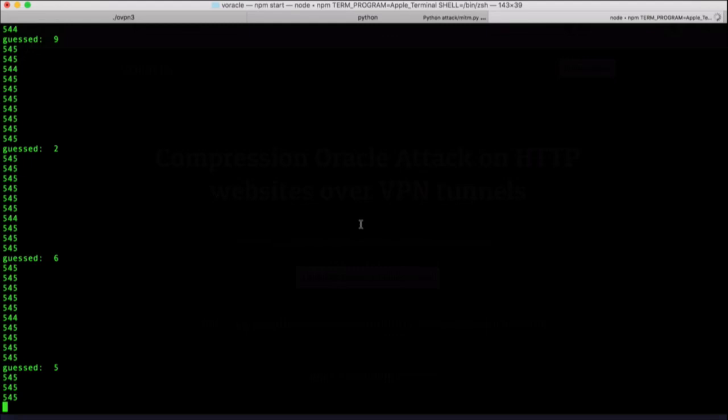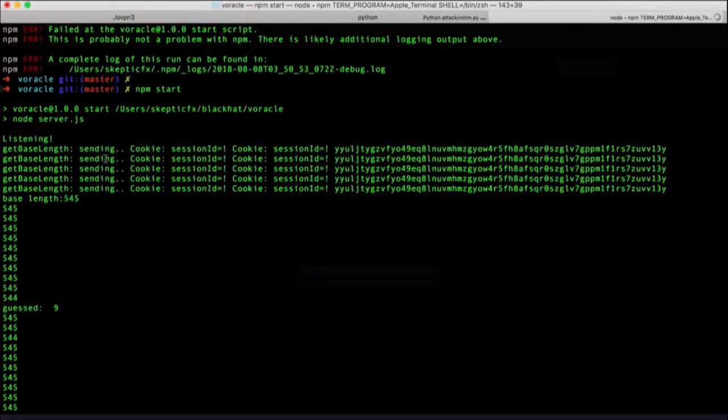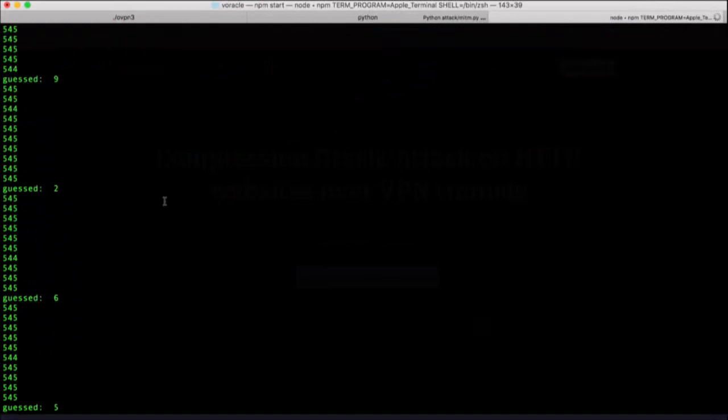The third character was 2, and you ended up with 544, which means the attacker can deduce that the character 2 resulted in a compression. So that's the compression oracle, and he decides that the guess is 2. If you eventually do that for everything, you could basically leak the whole secret.